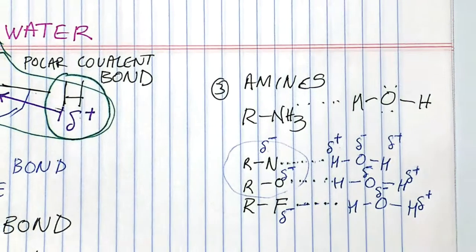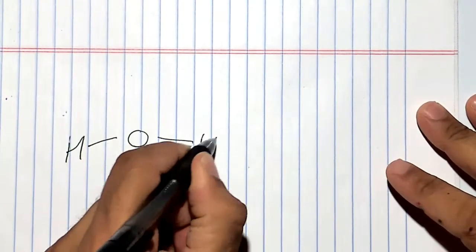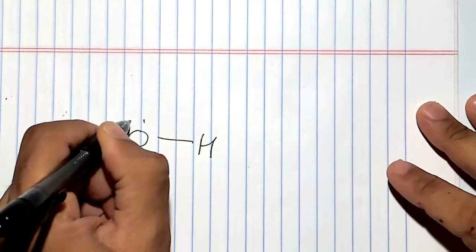When water hydrogen bonds to itself, we get a very intricate network of water molecules.